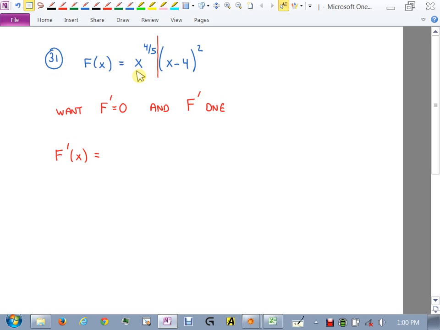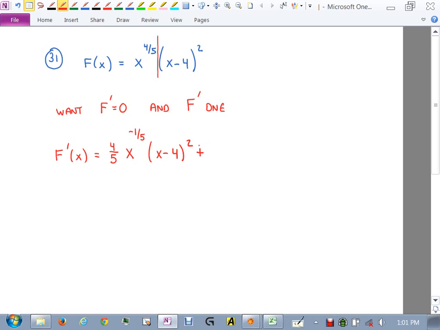So first thing is the derivative of the first function. What's the derivative of the first function? 4/5 x to the negative 1/5. That's the first thing. Then times the second function. I'm not touching this one.